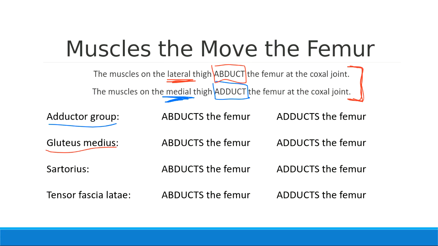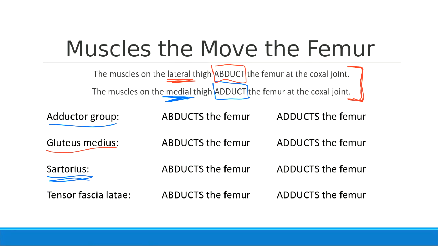Where it attaches is kind of close to the outside, but it spends most of its time here on the front, going toward the very middle of the thigh. Because of that, we're going to say that sartorius is a medial muscle. If that one doesn't make quite as much sense to you, just memorize that it's a medial muscle. I would say sartorius is an anterior and a medial muscle.